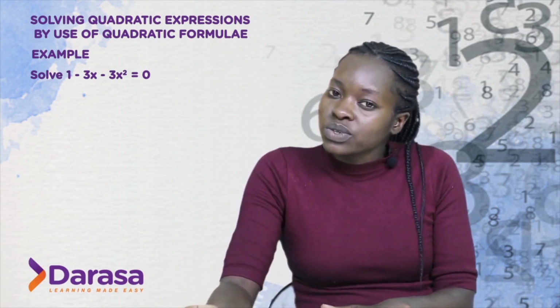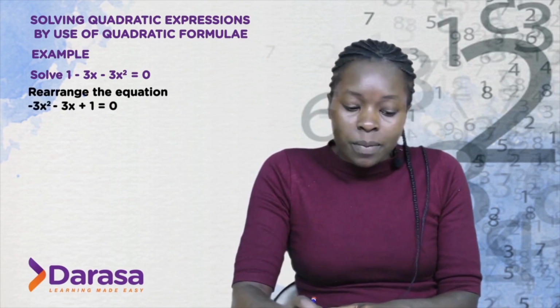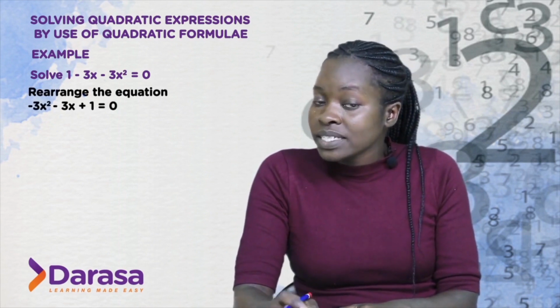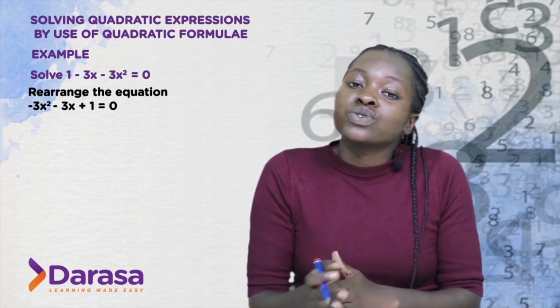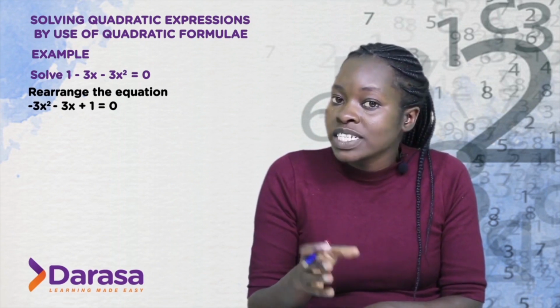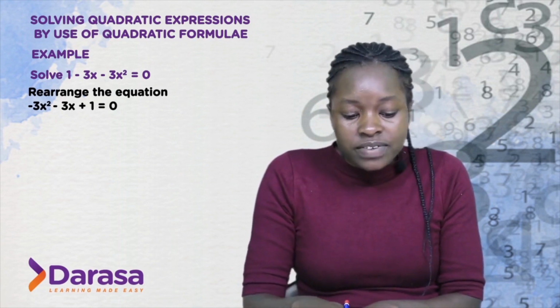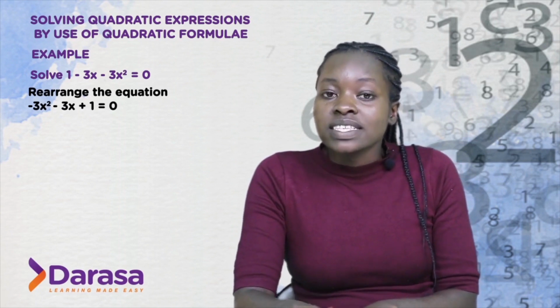So the first thing you can do is change it so that it is in the form you are used to. So when you change it, it will be negative 3x squared minus 3x plus 1 is equal to 0. Remember, you have to look at the sign before each term. It's the sign before it that guides you.